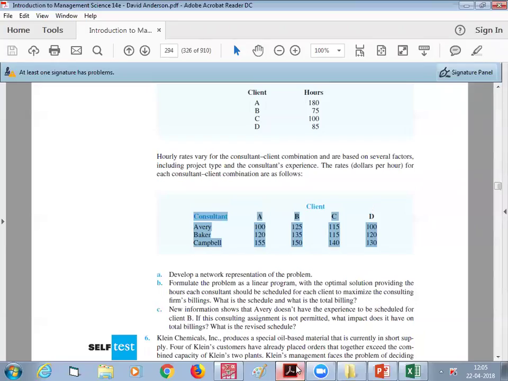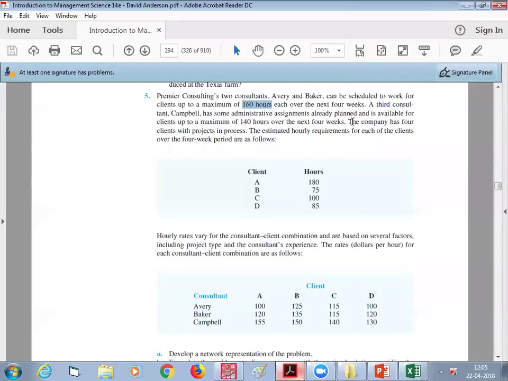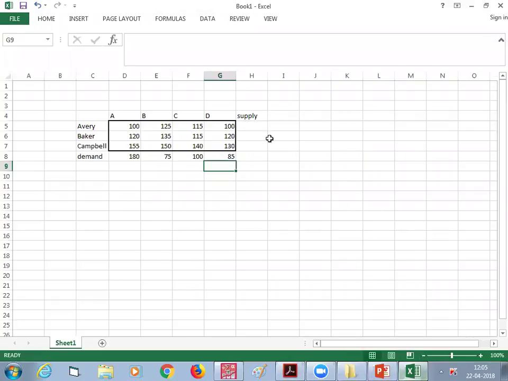And what is the supply? Each of these is 160 and this person is 140. So 160, 160 and 140. Notice that we have excess supply, correct? Excess supply.